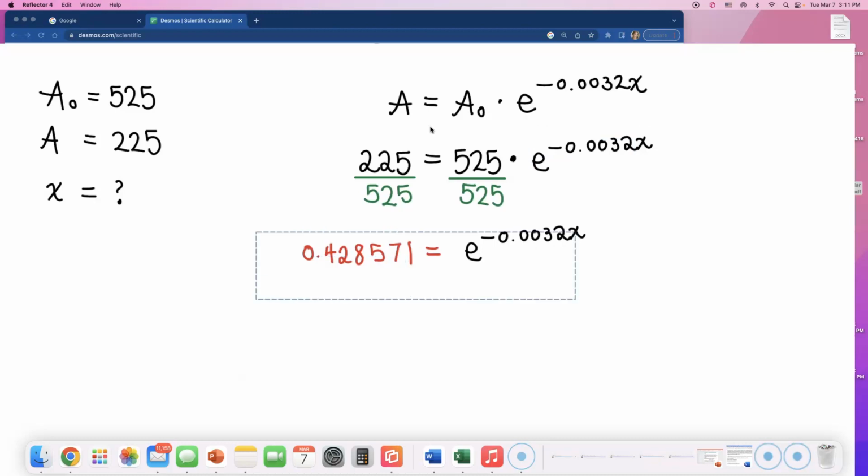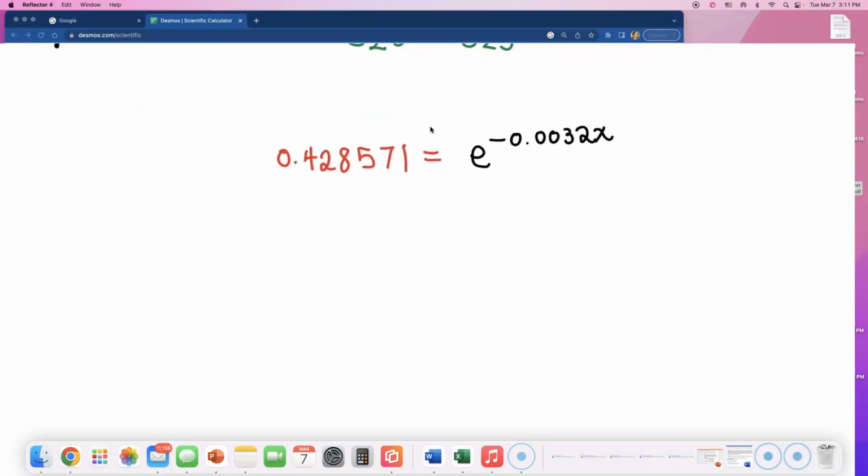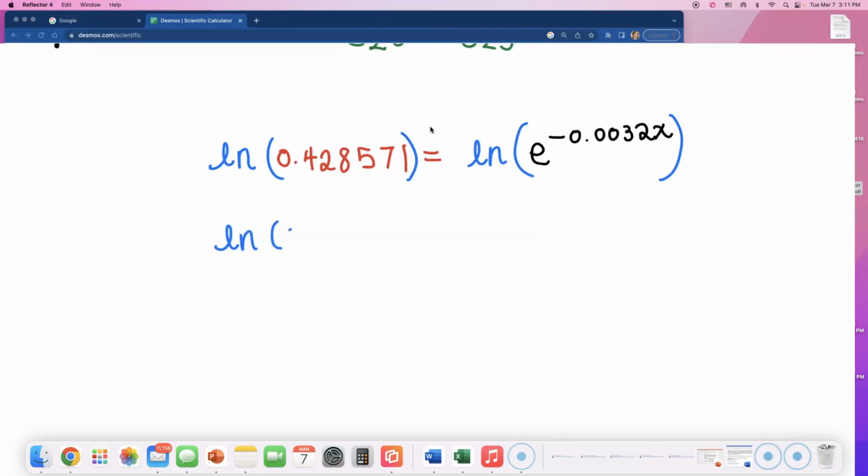Now, what do you do to both sides to bring that exponent of negative 0.0032x down, and get rid of that natural exponential? Well, you will take natural log of both sides, okay? If you do that, we have natural log of this decimal.